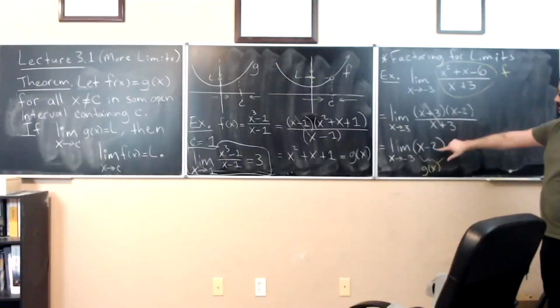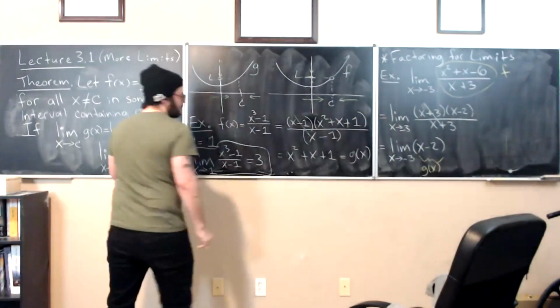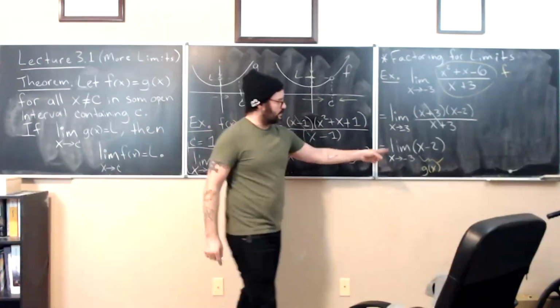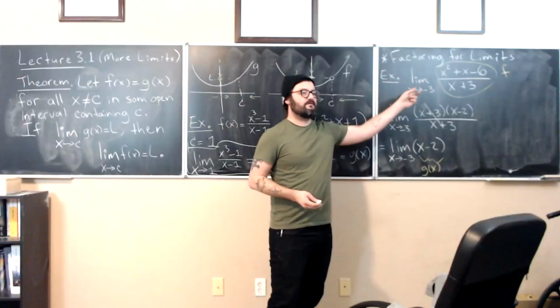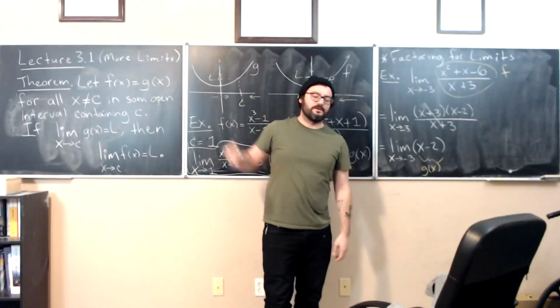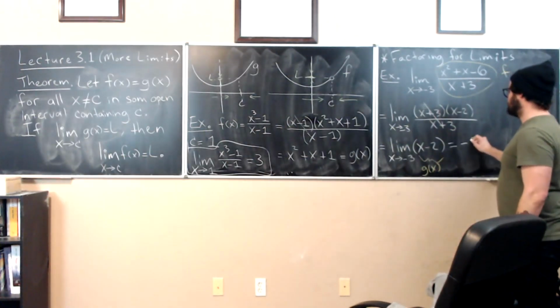So that function and that function there differ at exactly one value, x equals -3. So we know that the limit of this is going to be equal to the limit of that by applying that theorem right there. So this limit here is just -5.